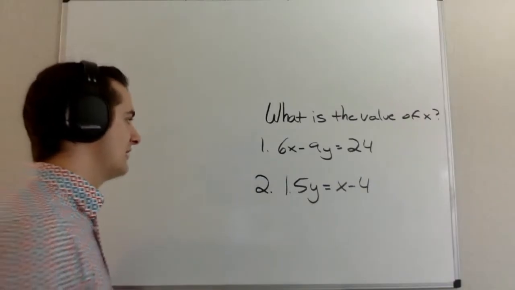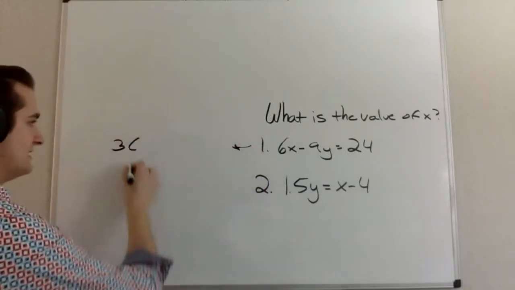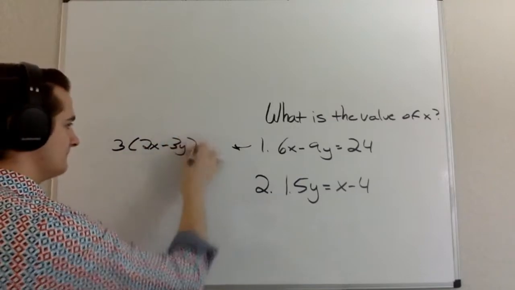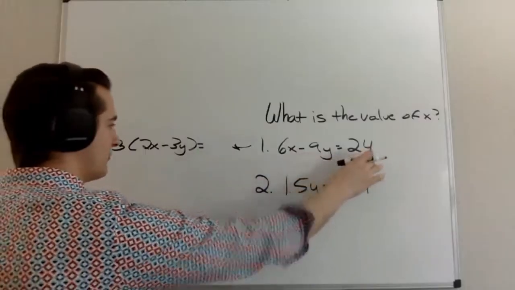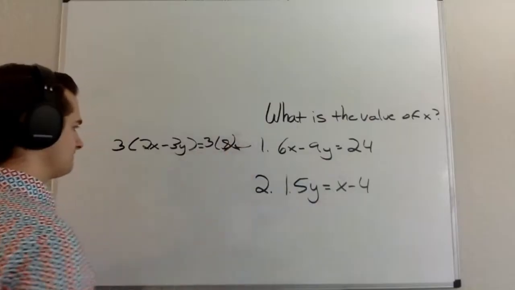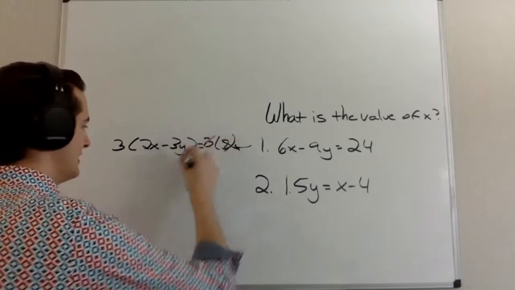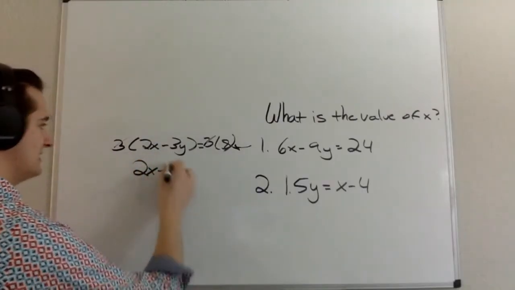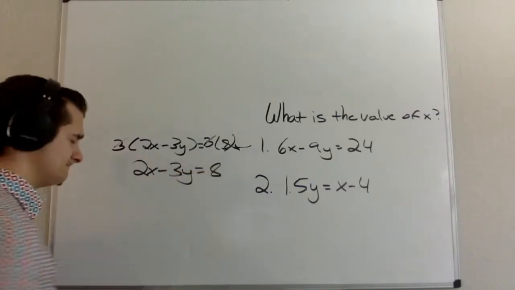And so I'm going to factor out a 3, and what I'm going to say is that 3 times 2x minus 3y is equal to, and on this side, I notice that 24 also has a 3 in it, so I'm going to say 3 times 8. What I can do then is I've got a 3 on both sides, so I can divide by 3. It's going to cancel the 3 on both sides. And what I get to is an equation that is 2x minus 3y is equal to 8.